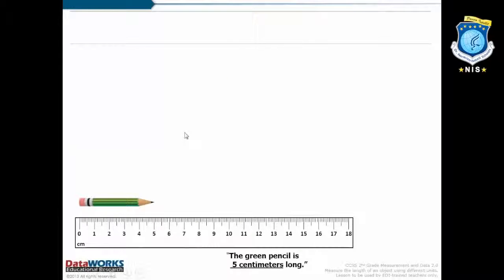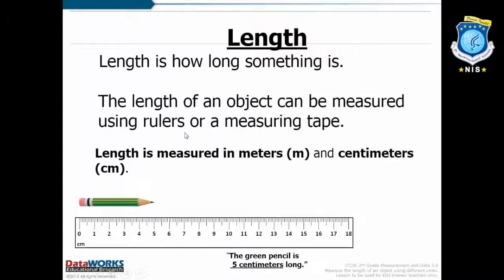Finally, length. What is length? Well, length tells you how long something is. All right? Length tells you how long something is. Now, basically, you can measure the length of any object using two things. A ruler, which we are all familiar with, or a measuring tape.